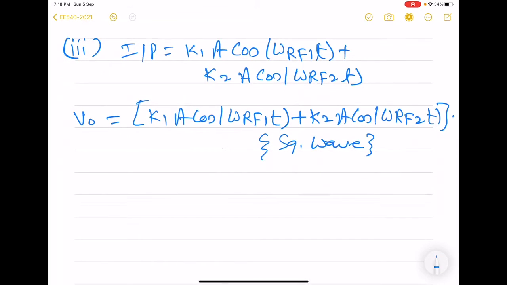So now these two inputs can individually be multiplied with the square wave.